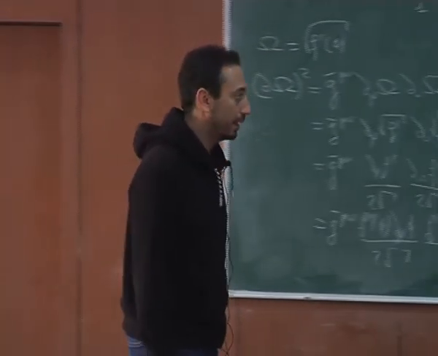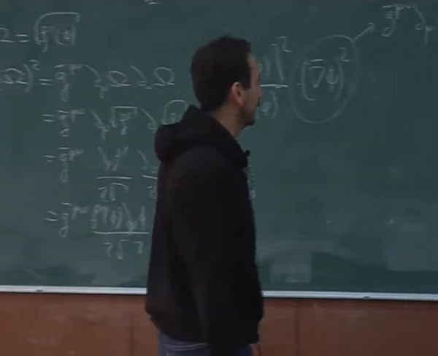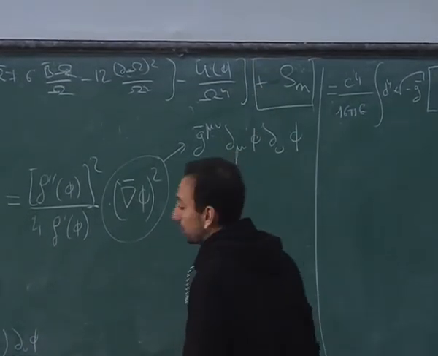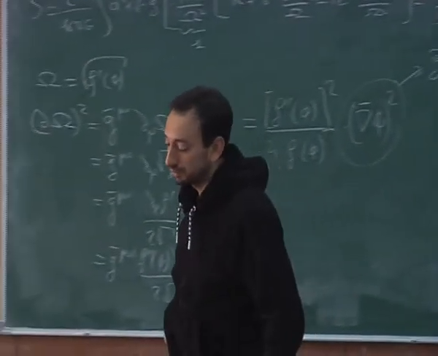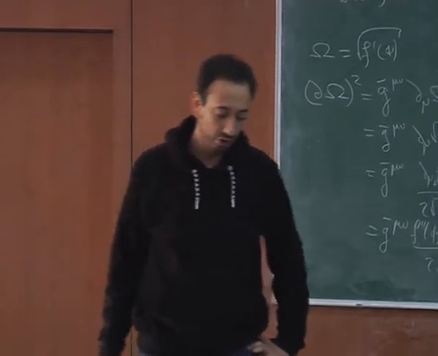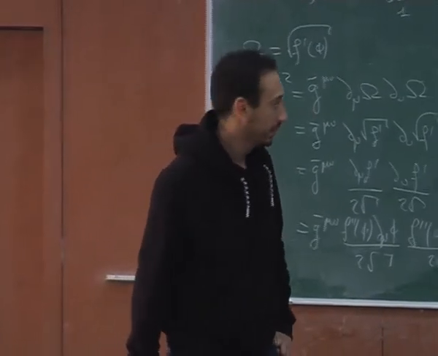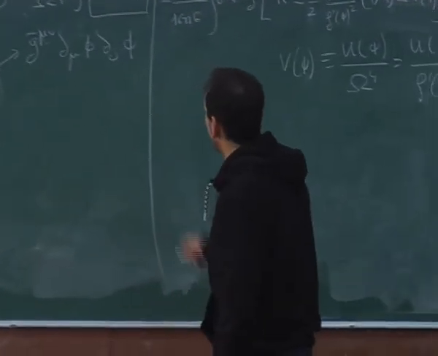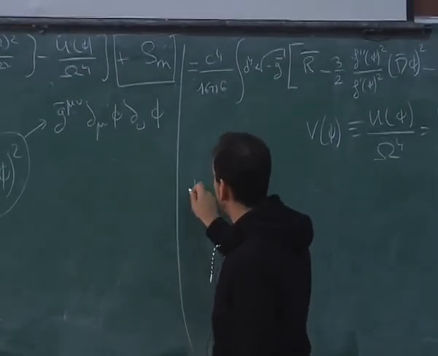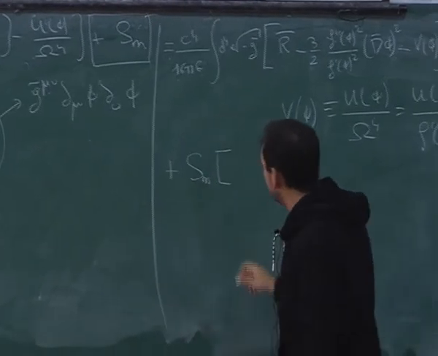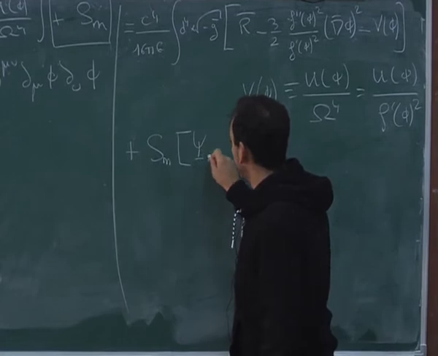So the next step, which is pretty important, is this one. I didn't talk about the matter part. And this is going to be critical in the interpretation I will give later on about why these two frames are equivalent. The matter part of the action: let us say that we have some matter fields.